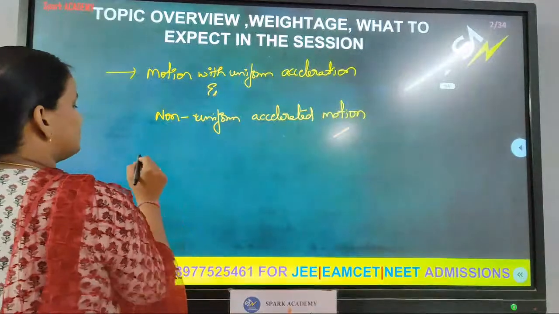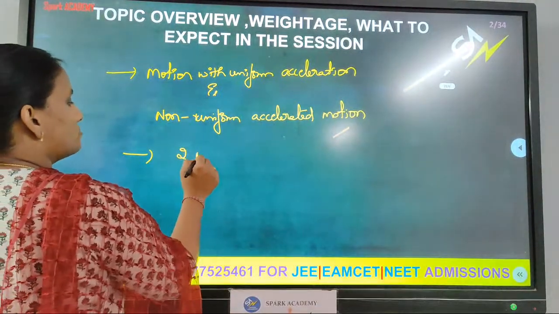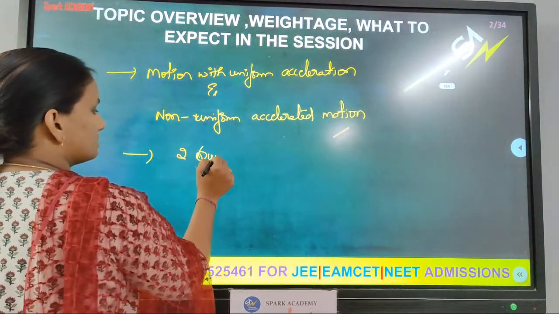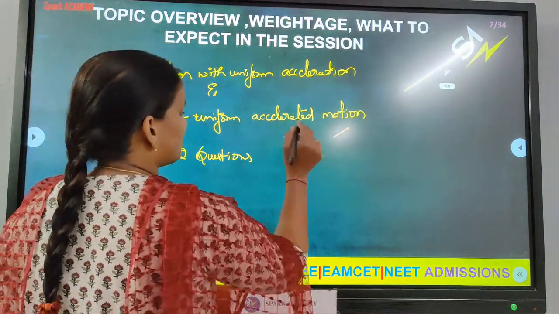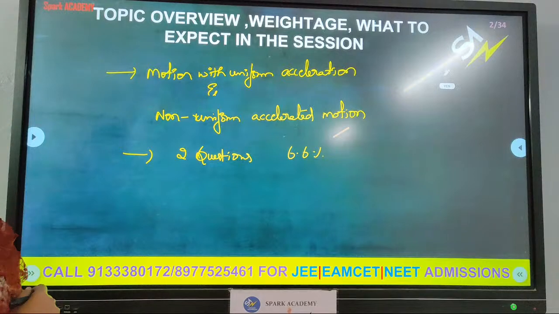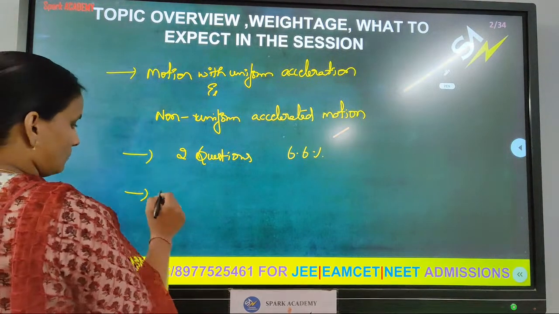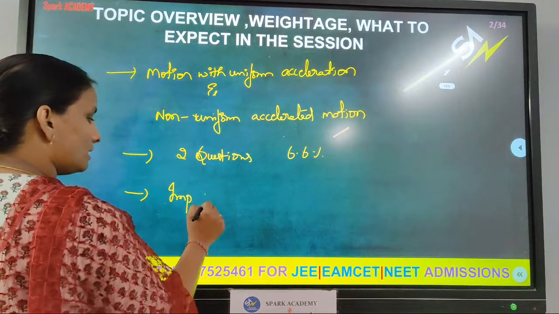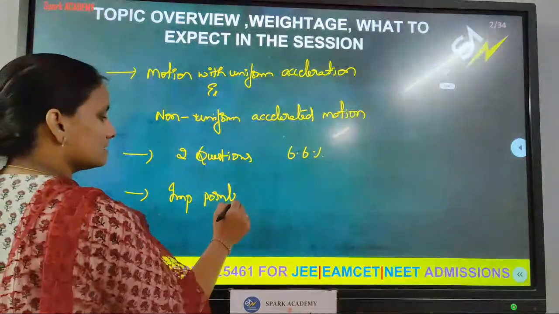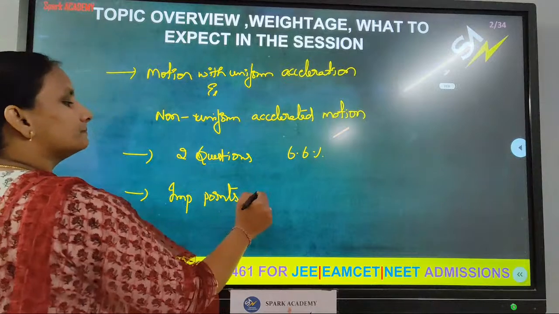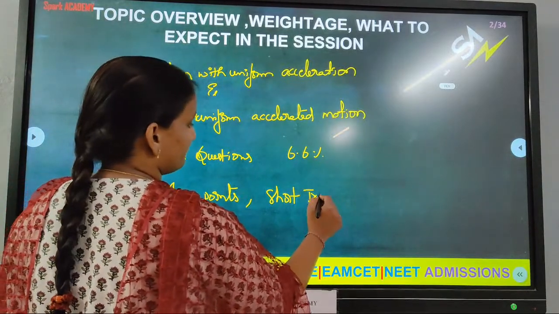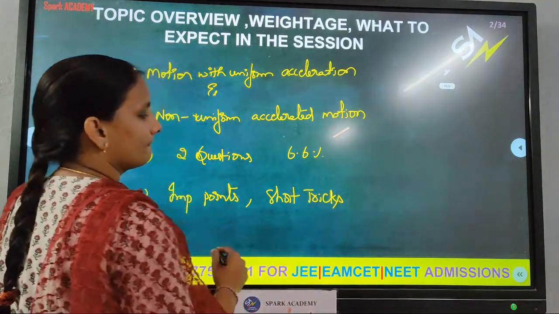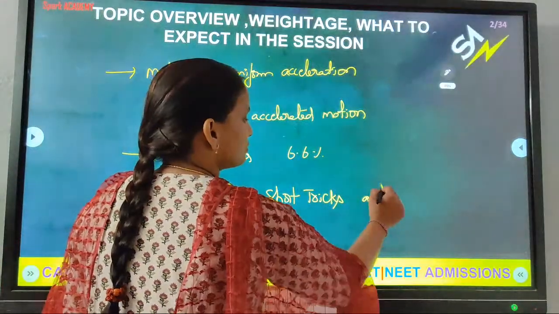And the weightage of this chapter: compulsory 2 questions, means 6.6% weightage from this chapter. What to expect in this session? We will discuss all important points, shortcuts, means short tricks, and previous year's questions.